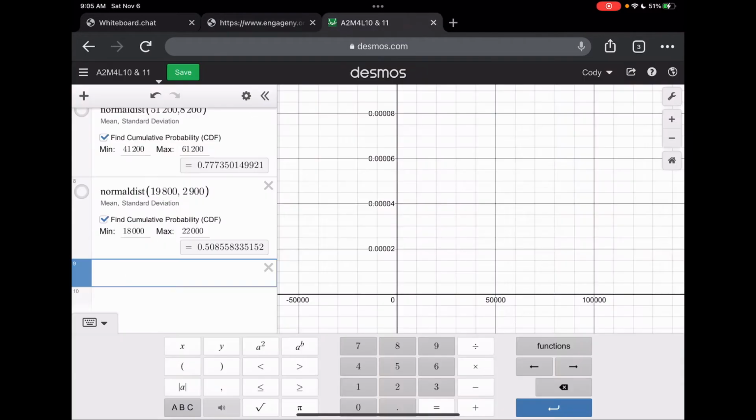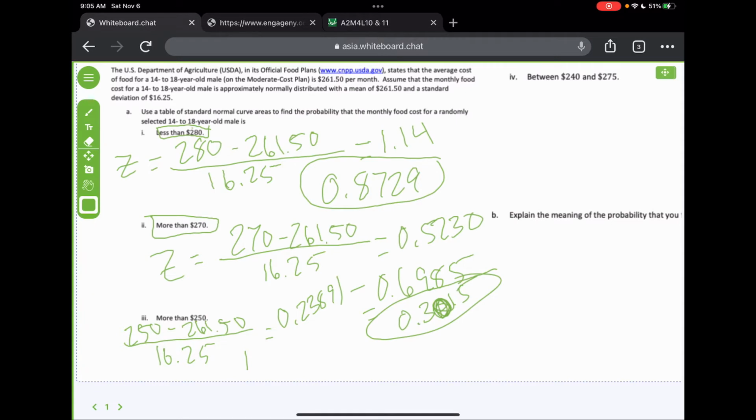Oh no, I'm sorry, that is actually the value. Okay, so we would subtract that from 1, and that's going to equal 0.7611. Sorry, I had already calculated that and wrote down the wrong answer.